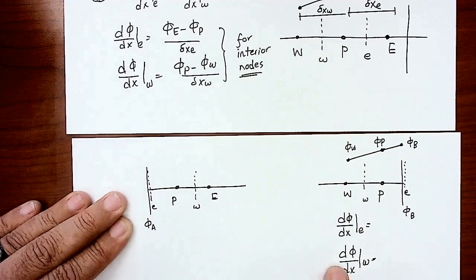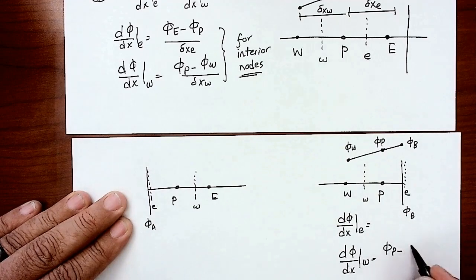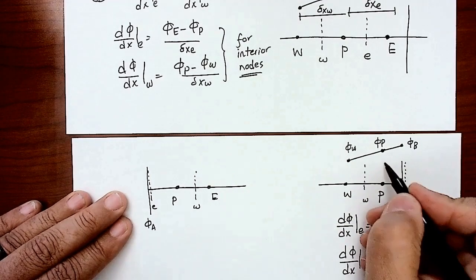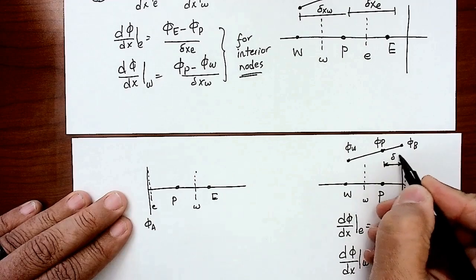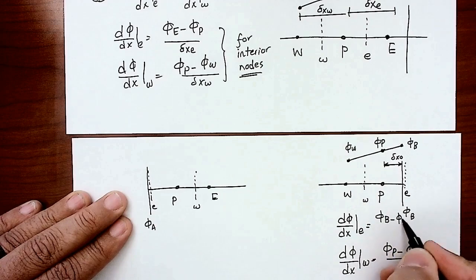So if you want to get the slope d phi by dx on the west face, it's going to be phi P minus phi west divided by delta x west. So far, that's okay. But when it comes to the east, we used to say that this distance is called delta x naught. So I would say that this is phi b minus phi P divided by delta x naught, right?